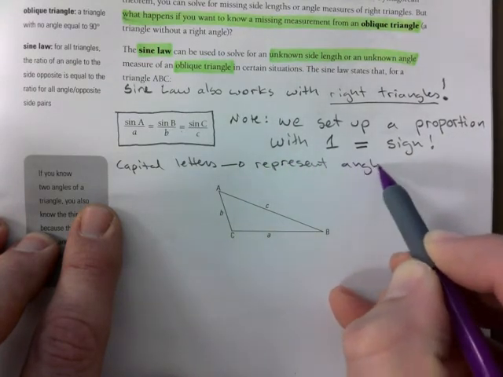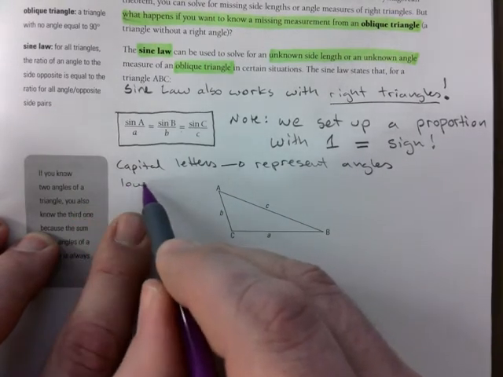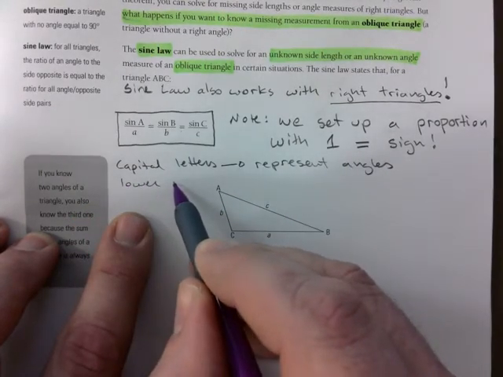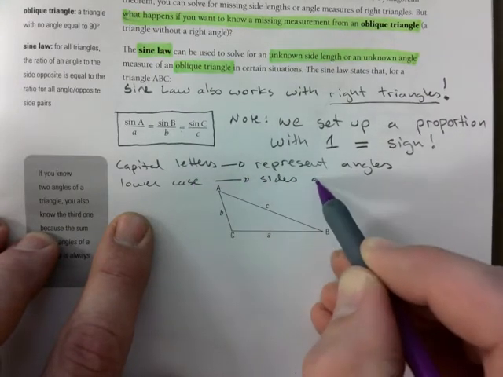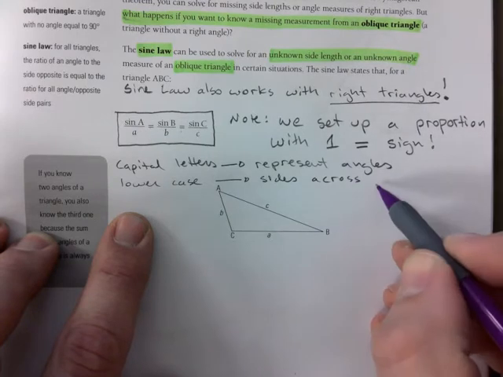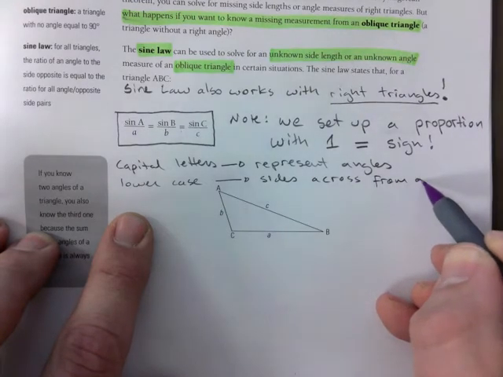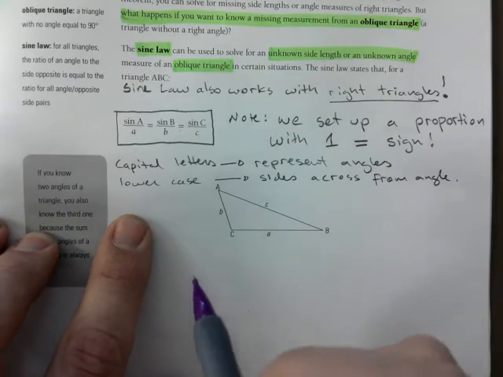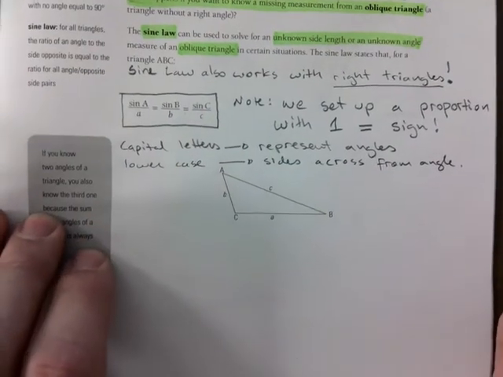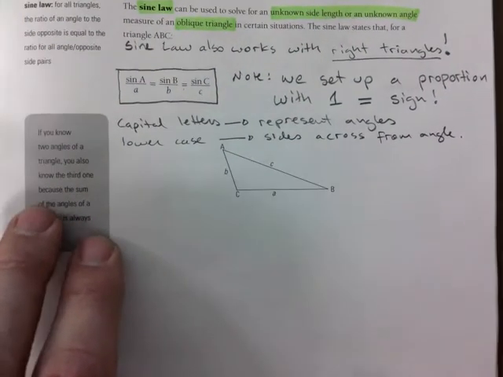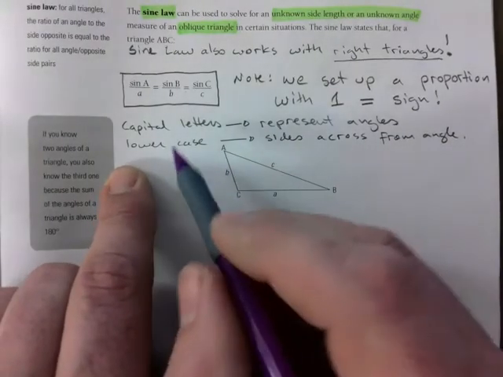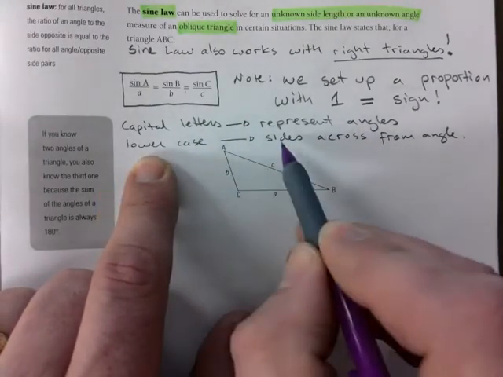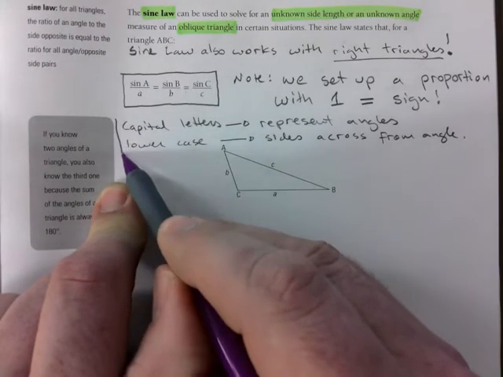Lowercase letters are the sides across from the angle. Capital letters represent angles, lowercase the sides across that. I would box this in.